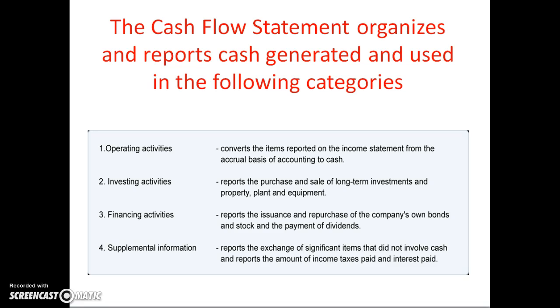The third area is called the financing activities area. And in this section, we'll be reporting the issuance and repurchase of companies' owned stocks and bonds, as well as the payment of dividends to stockholders. The final section is called the supplemental information section, and this will report the exchange of significant items that did not involve cash, and reports the amount of income tax paid and interest paid.